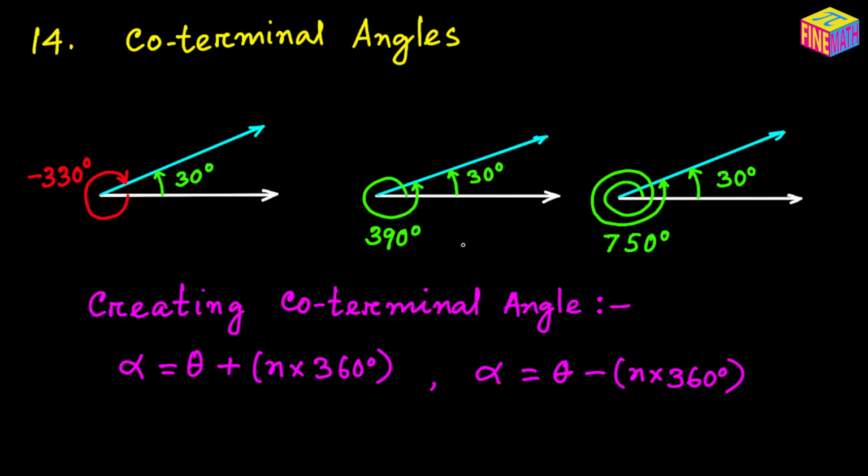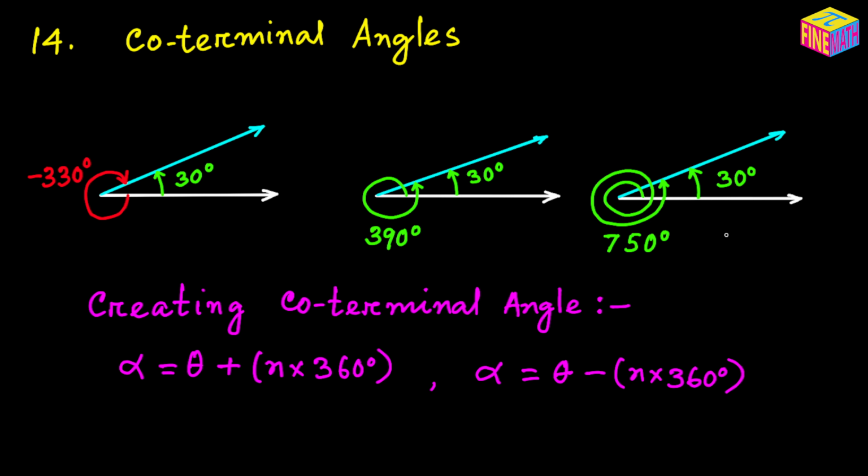Similarly, in the second diagram, I have a positive 30 degree and a positive 390 degree. They both share the same terminal side, so 30 degree and 390 degree will be called coterminal angles. And also in the third diagram, I have a positive 30 degree and a positive 750 degree. They both share the same terminal side, so they also can be called coterminal angles.